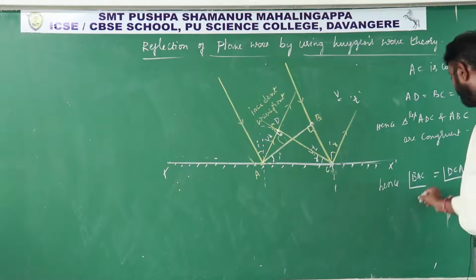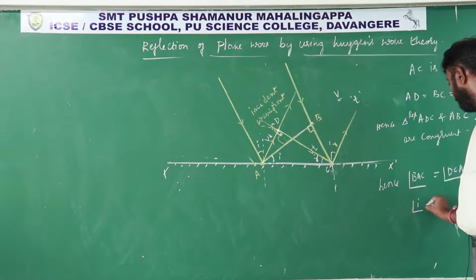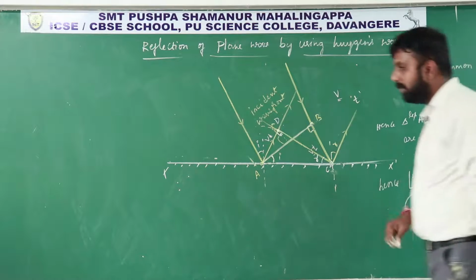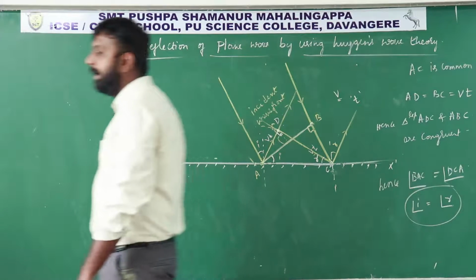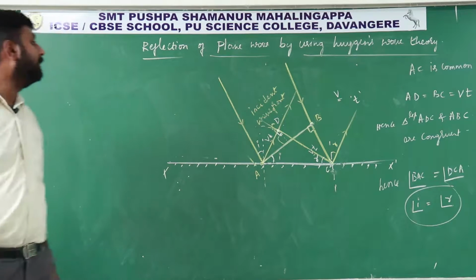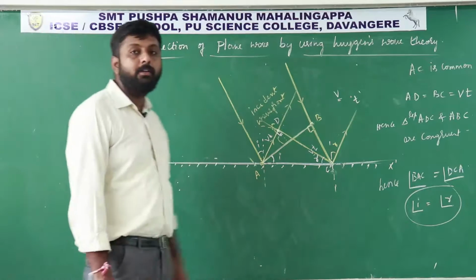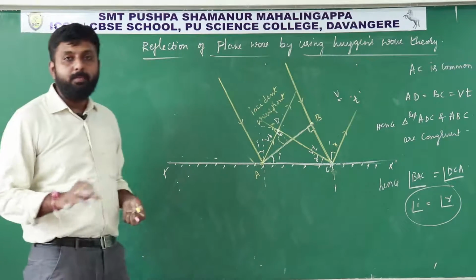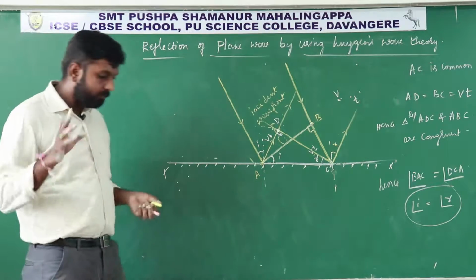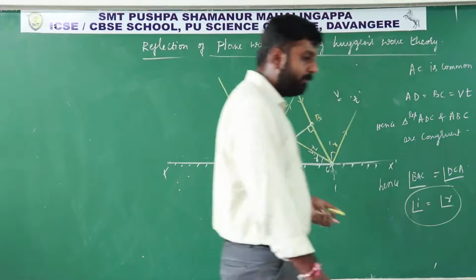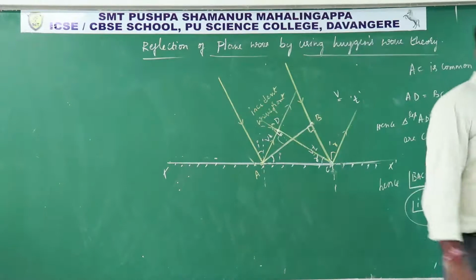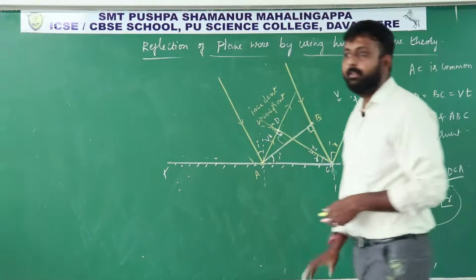That means here the angle of incidence i should be equal to the angle of reflection r. So we have proved the law of reflection, angle of incidence equals angle of reflection, by using Huygens wave theory. I hope you understood both refraction and reflection phenomena by using Huygens wave theory.